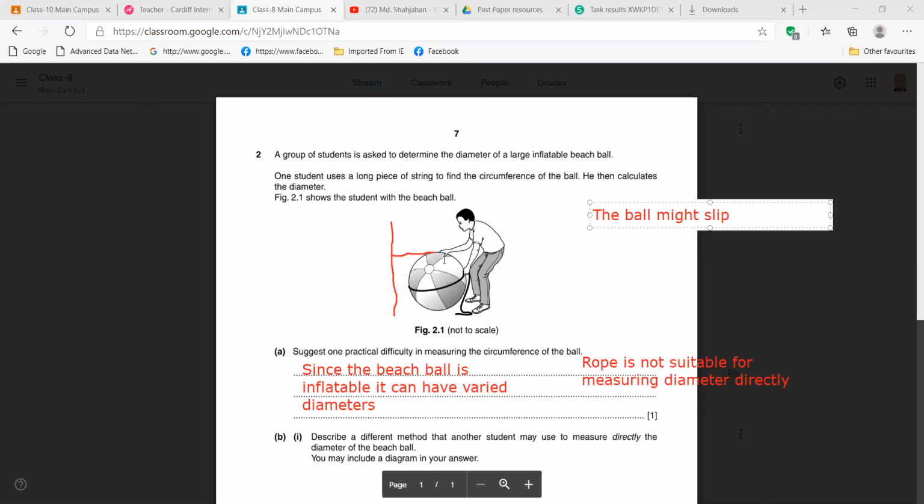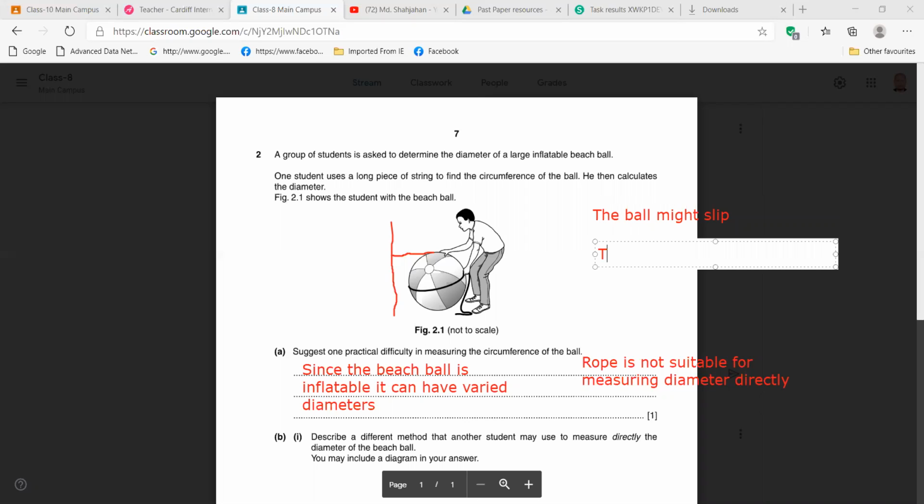Or before bursting, it will be squashed, it will deflate. So can you write that point that the ball will be squashed during measuring? It is another difficulty, right? You also write whatever I am writing.